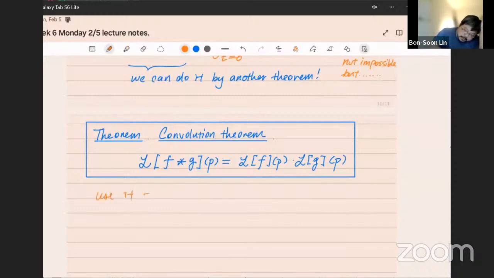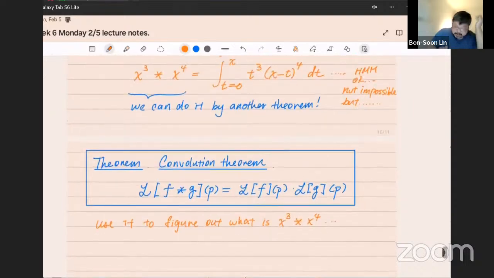Let's use it to figure out what x cubed star x to the 4th is. How we're going to do it is this. Convolution only behaves nicely inside a Laplace transform, so we're going to stick this thing into a Laplace transform to see what we get.